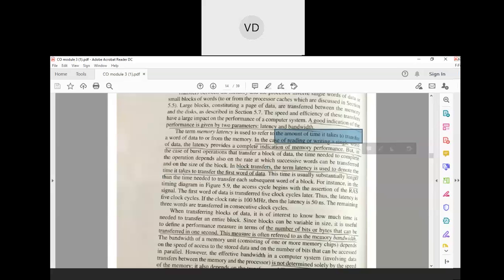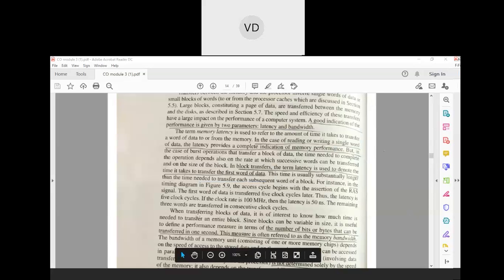When we are taking block transfer, the time it takes to transfer only the first word is called the latency. In general, this latency should be very minimum. Latency means delay, is it not? So the latency for transfer of data, either a single word or a block transfer, should be minimum. Latency delay should be minimum.